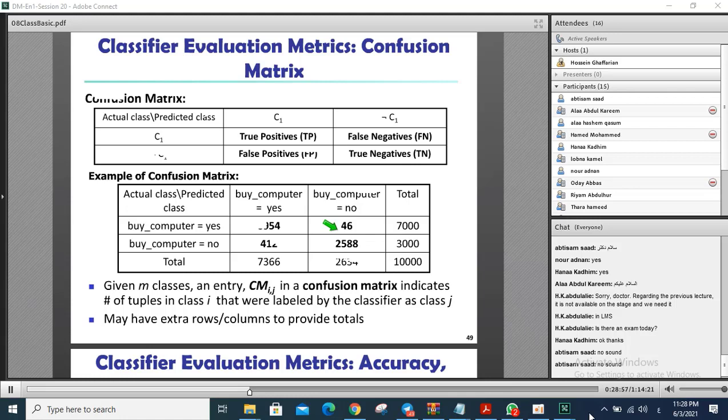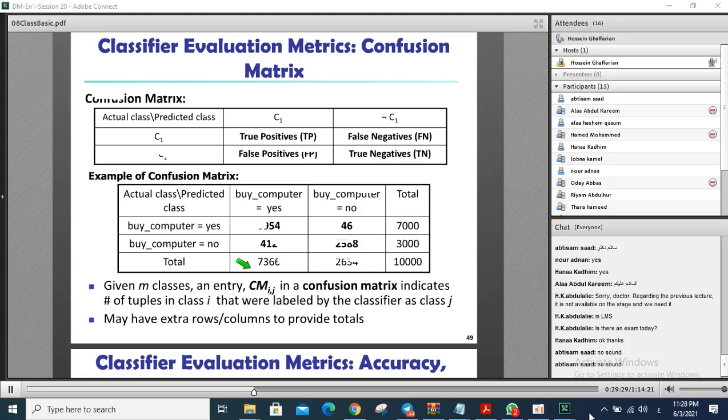Also here we can see in the last rows or columns of the table, you can see the total amount of data in that record, in that table.